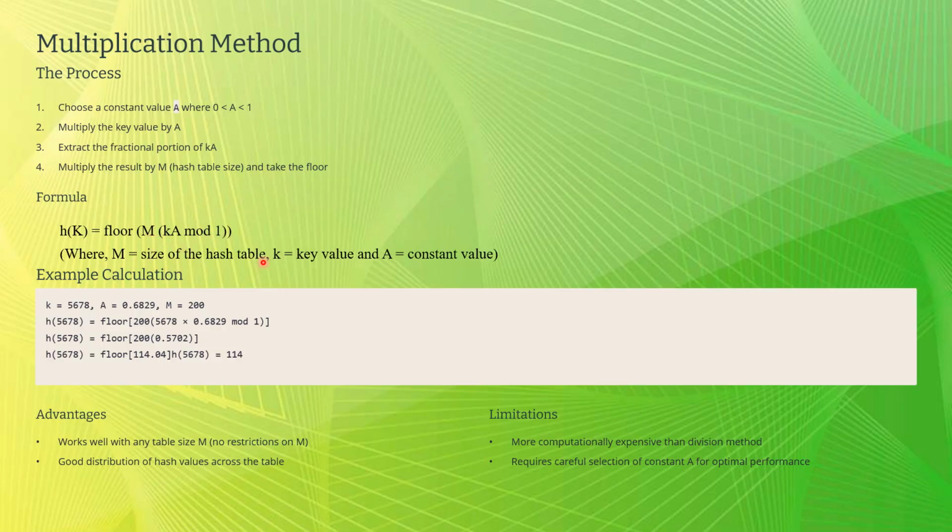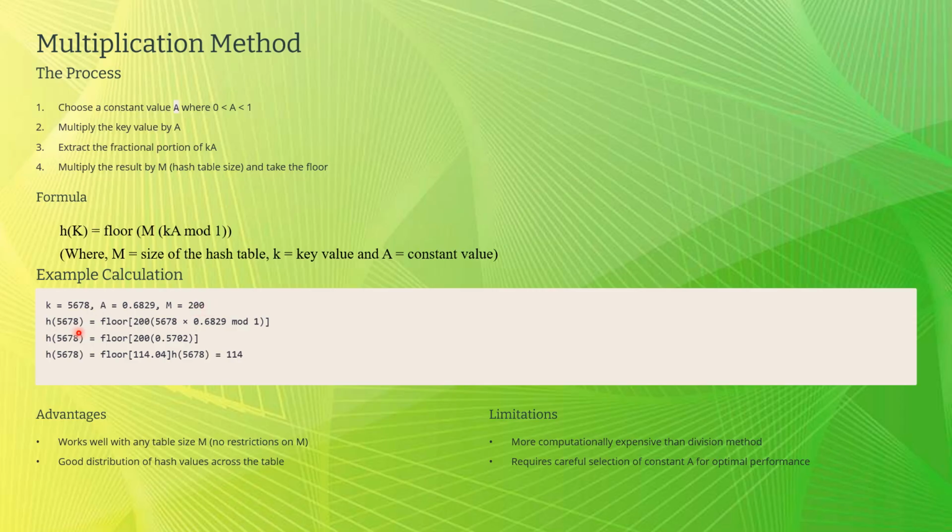where m is the size of the hash table, k is the key value, and a is the constant value. This is the example calculation. k is equal to 5678, so this is the input value. a is the constant value 0.6829, and m is the size of the hash table, that is 200.